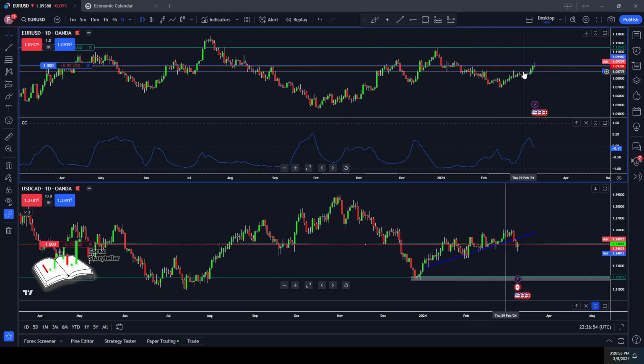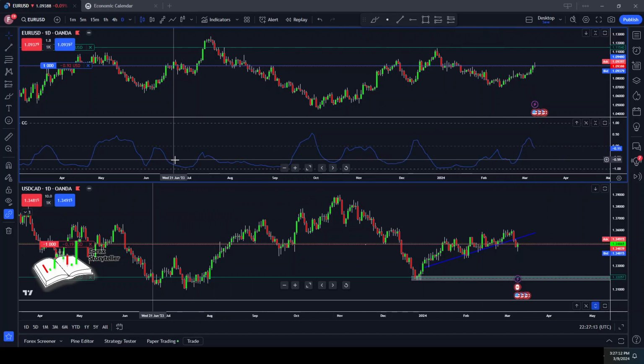So for every move this goes up, the CAD will go down. And if they're at 0, that means there's no correlation at all. So even though this is making a strong uptrend, this is consolidating and flat. You'll notice that it's near the 0 line, but it does typically drop to the negative side.